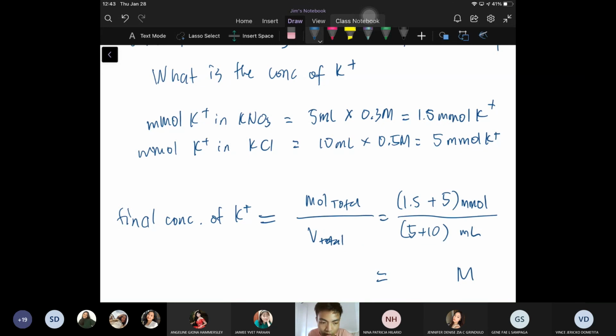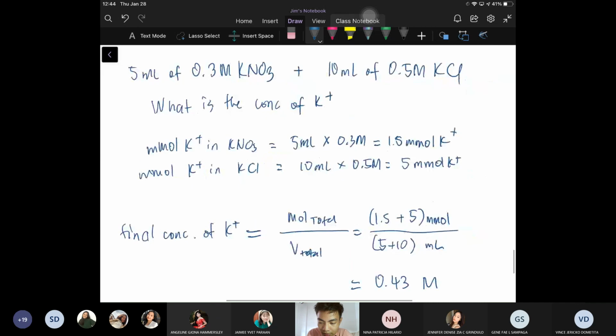So, ganun yung kapag magmi-mix ka ng substances. So, 1.5 plus 5, 5 plus 10. So, ang final molarity ng K+ ay 0.43 molar. So, that's how you do calculations na involving yung paghahaluin nyo yung dalawang substance.